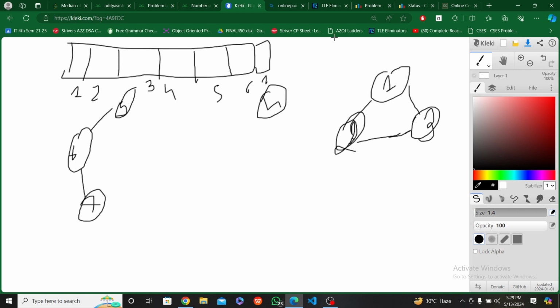Okay, so firstly we start from 1, we call DFS 1 from the function, and first of all it calls 1, then it will go to 2, then it will go to 3, then it will go to 1. So it is visited, so it returns back, and here we are normally doing a DFS search.